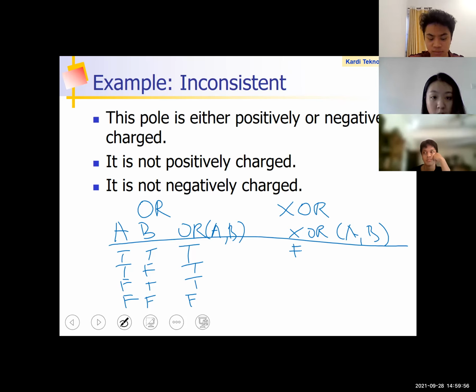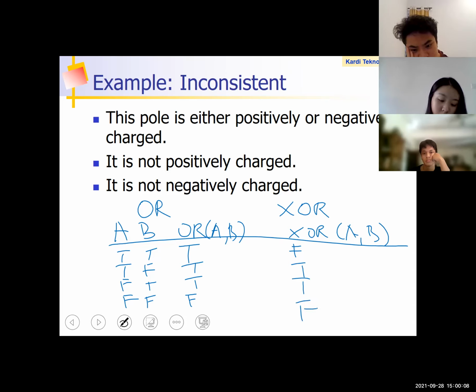Because true, true means A and B. So this one is true, this one is true, and this is false. That's the difference. What's the difference between OR and exclusive OR? If both are true or both are false, then they are false.